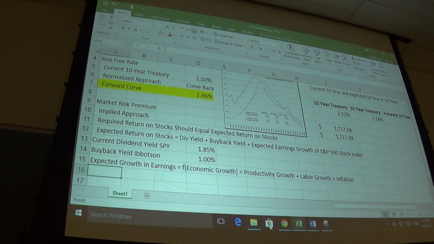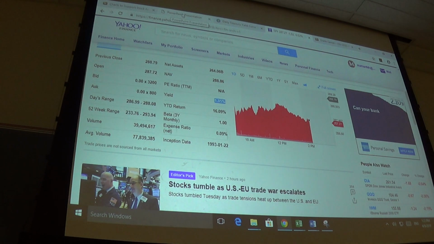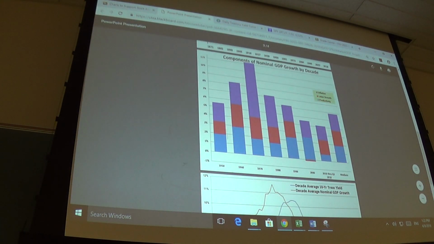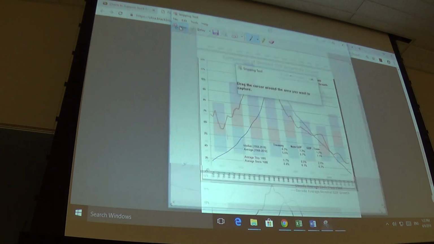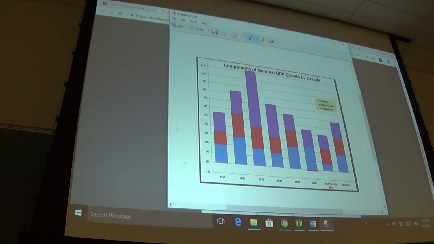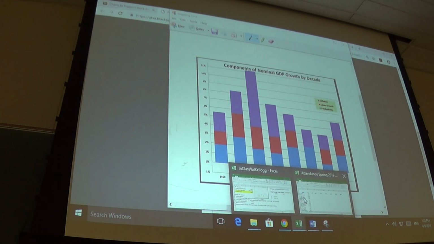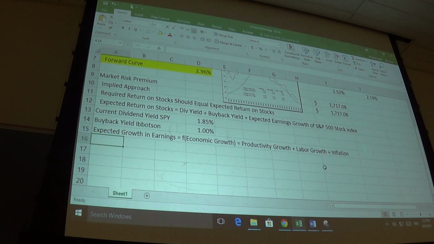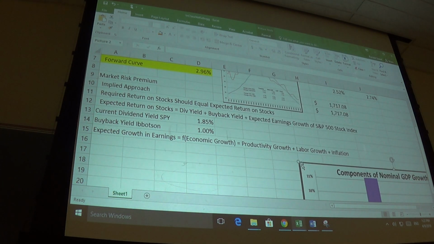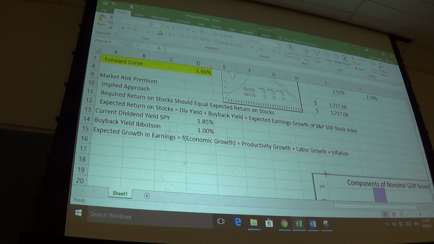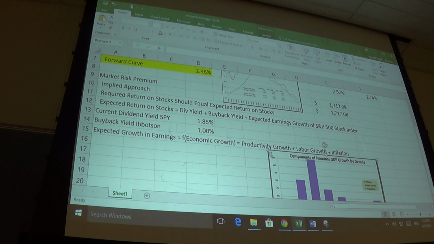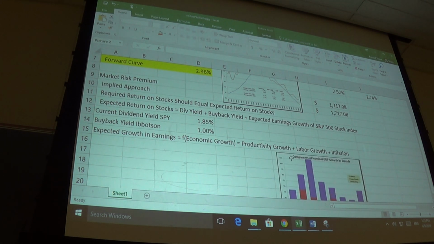So here I gave you a chart that you can do that. This is from exam 1. But you might want to put this chart into your paper.